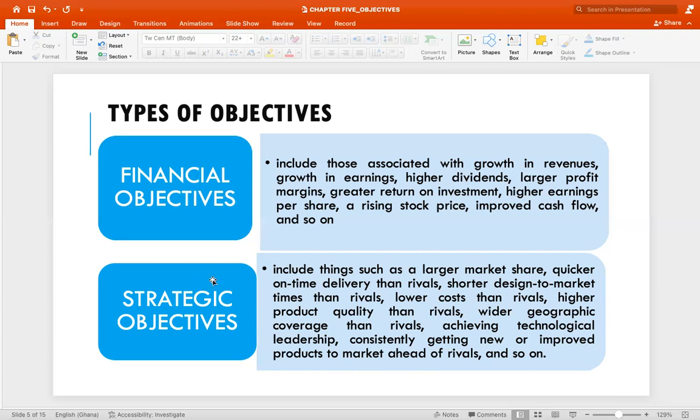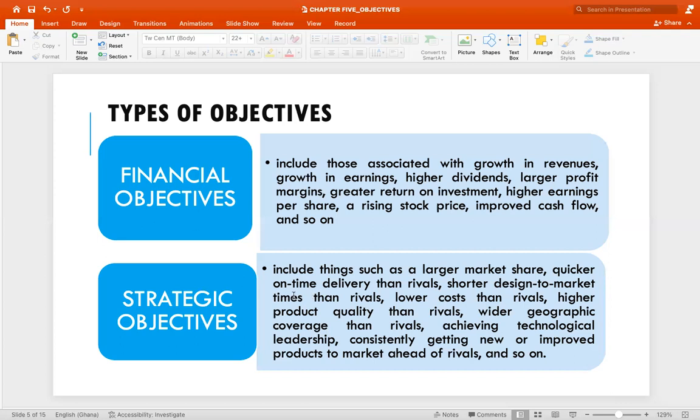So the strategic objectives are like ways of positioning yourself in order to be able to get an edge over your rivals. And the key thing to note is that positioning yourself to have that edge will call for initial sacrifices and commitment.